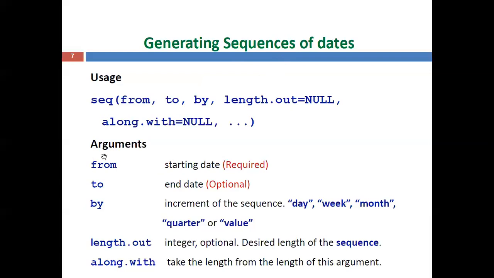So the from argument takes the starting date, it is a required mandatory field. Then the to argument takes the end date, it is optional.